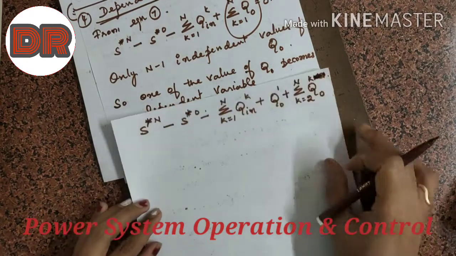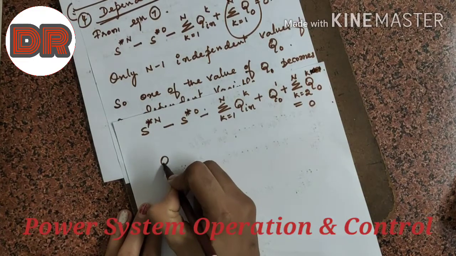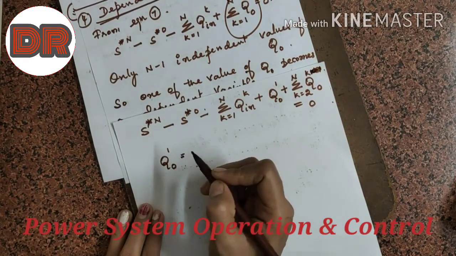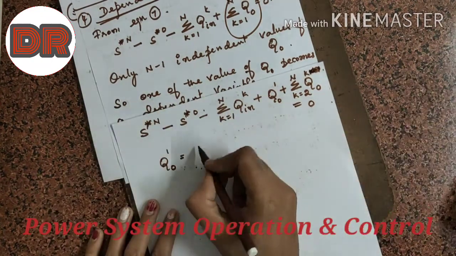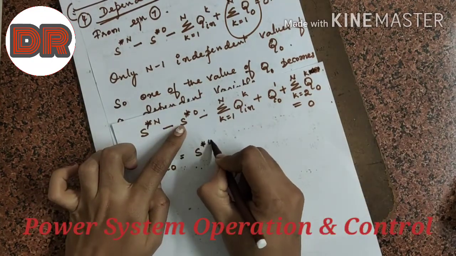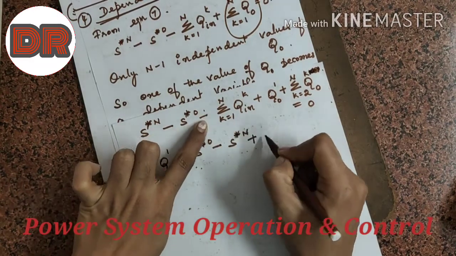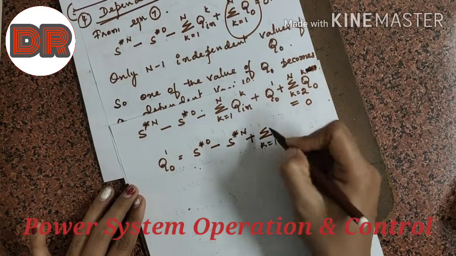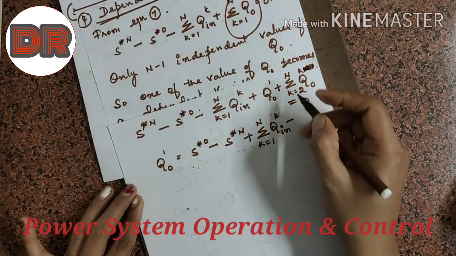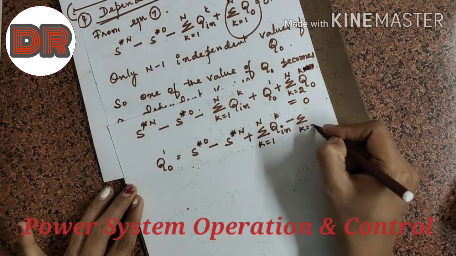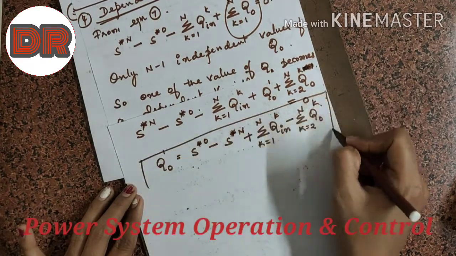So I have taken Q naught 1 outside, and this is equal to 0. So let us write the equation for this. Q naught 1 is equal to, all the terms you take to the other side. So what you have is S star 0 minus S star n plus summation k equal to 1 to n Q in k minus summation k equal to 2 to n Q naught k. So this we have written.